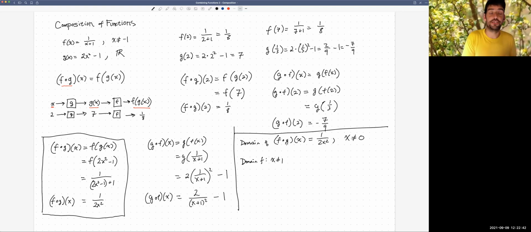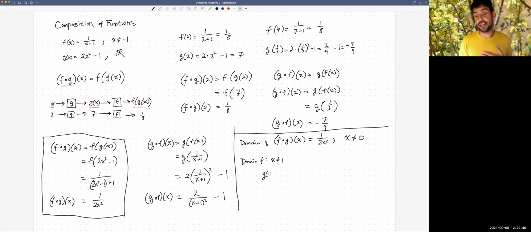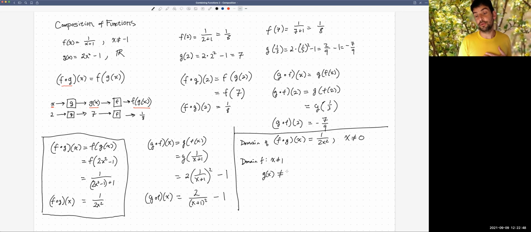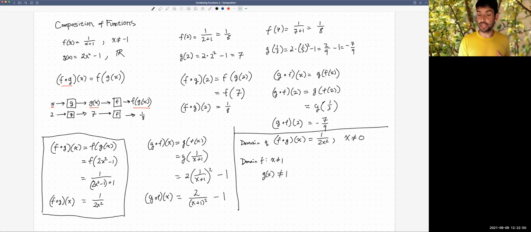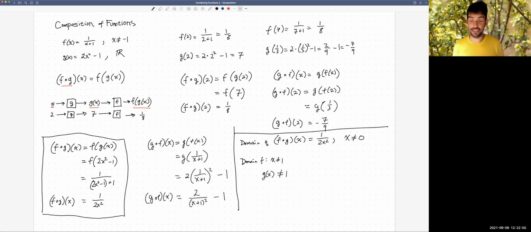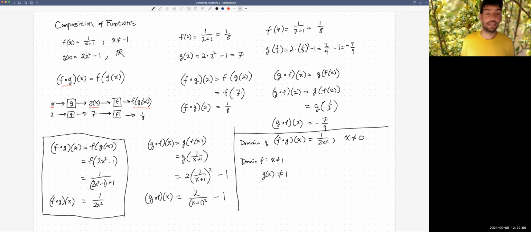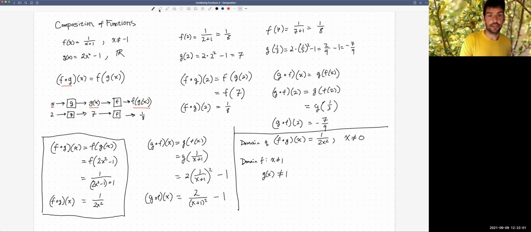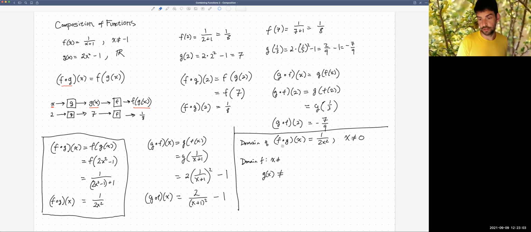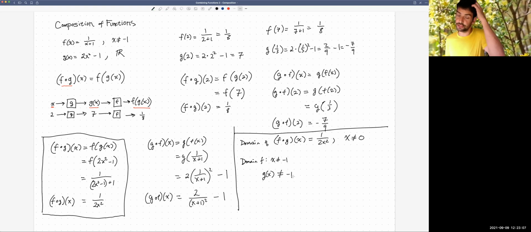G can take any number, its domain is all real numbers, but we need to make sure that g of x is not equal to negative 1, because whatever g of x gives us, we're going to give it to f. And if g of x gives us a negative 1, that causes problems for f.